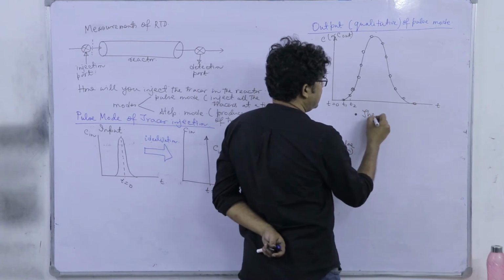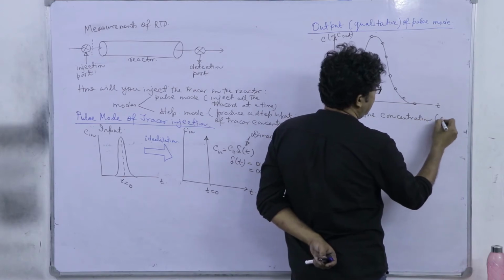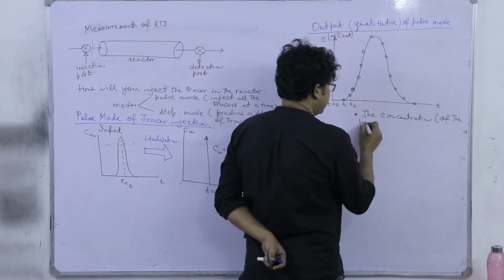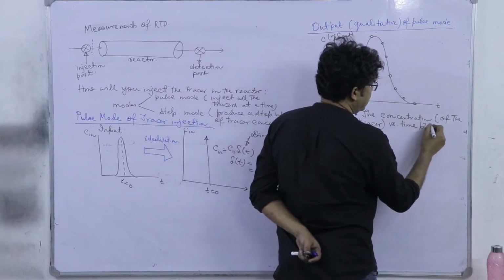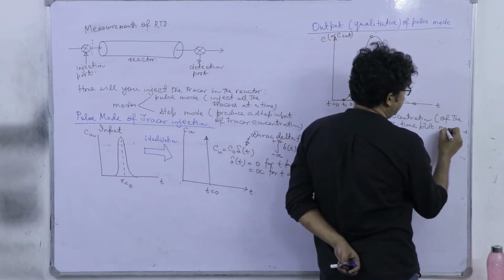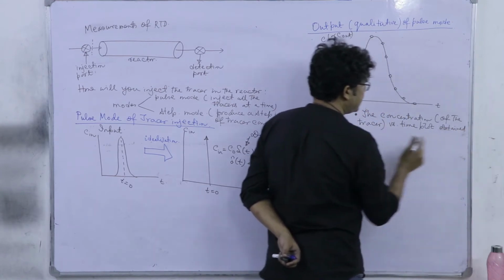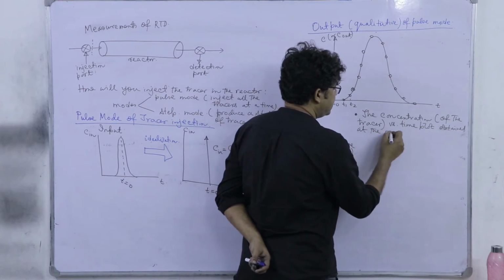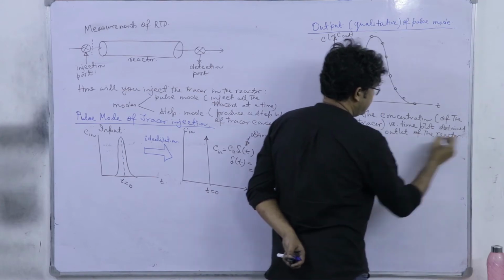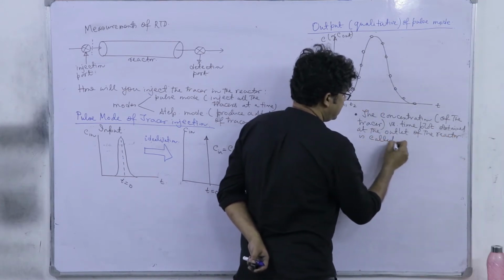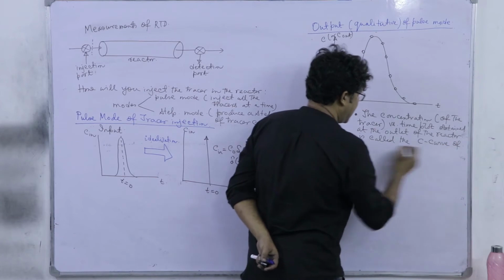So, the concentration of the tracer versus time plot obtained at the outlet of the reactor is called the C curve of RTD analysis.